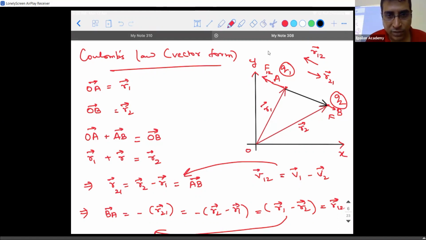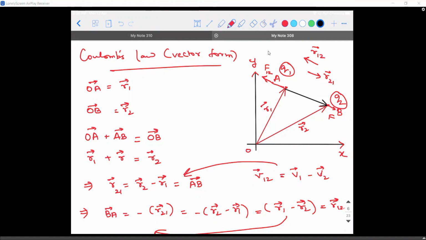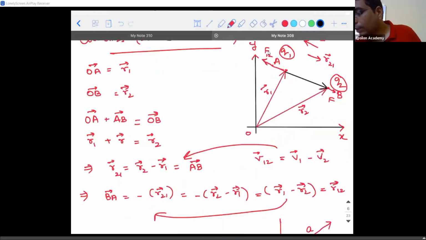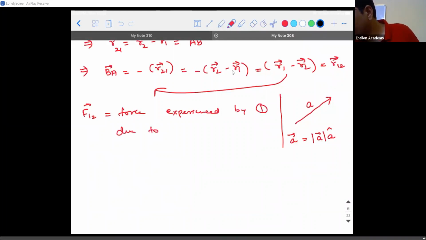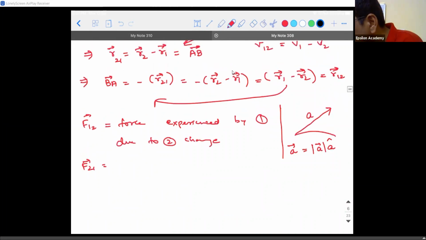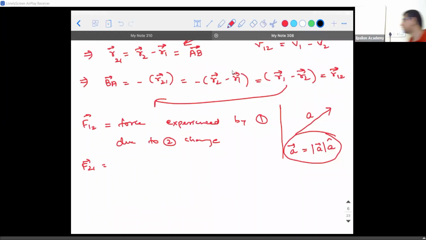Guys online, are you able to understand what I am trying to say? Any doubt? I'm saying F12 vector is force experienced by first charge due to second charge. F21 vector is force experienced by second charge due to the first charge.